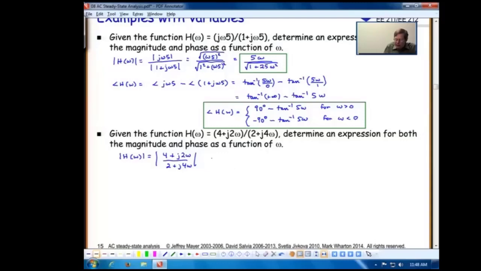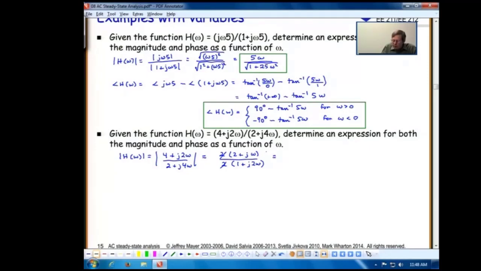We get the magnitude of that. Notice the numerator is equivalent to 2 times 2 plus j omega, and the denominator is equivalent to 2 times 1 plus j 2 omega. And the 2's will cancel.